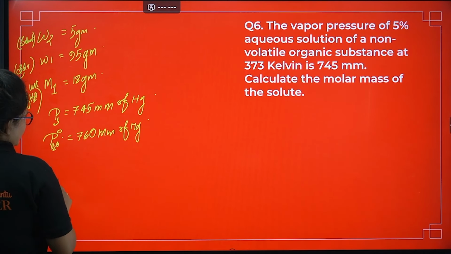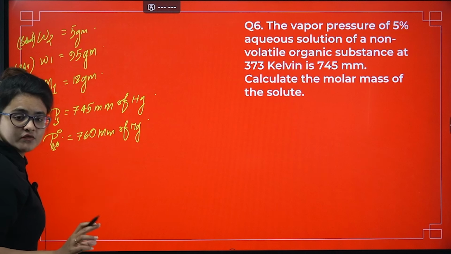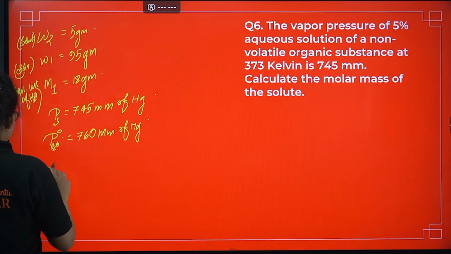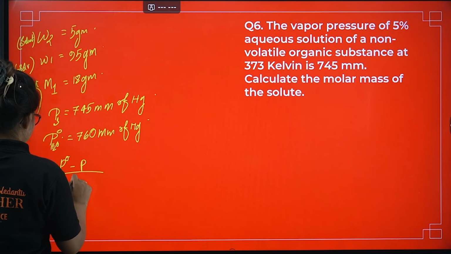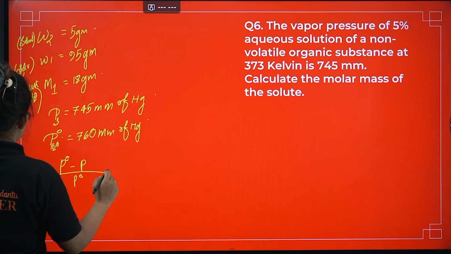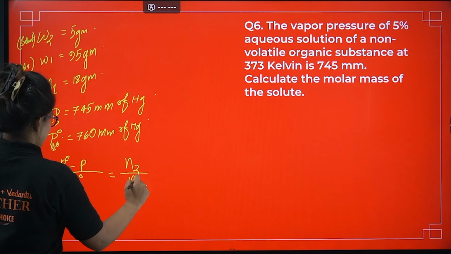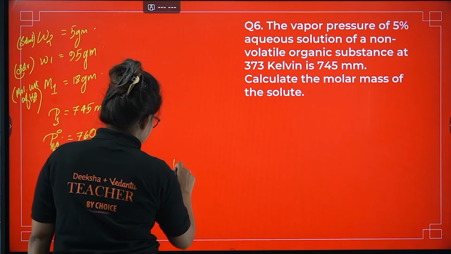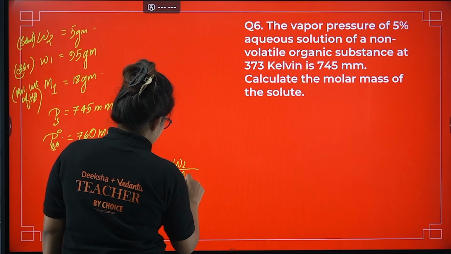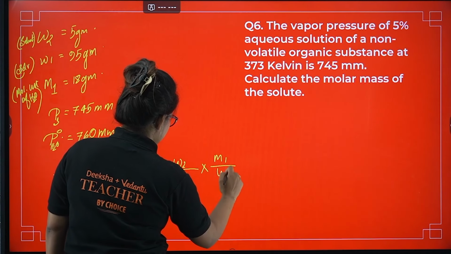Fine. Now we are going to put all this information into the relative lowering of vapor pressure formula. So (P naught minus P) divided by P naught is again N2 by N1, which simplifies to W2 by M2 into M1 by W1.